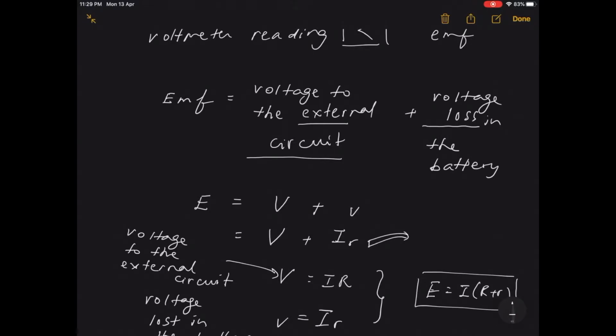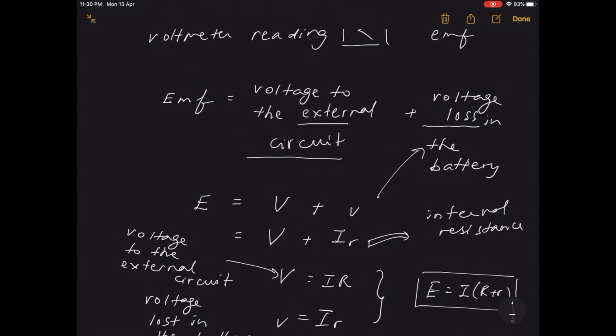So mathematically, EMF should be the big V plus the small v, where the small v refers to the voltage loss. You got me? And the voltage loss, you can always write as current times small r, where the small r stands for the internal resistance.